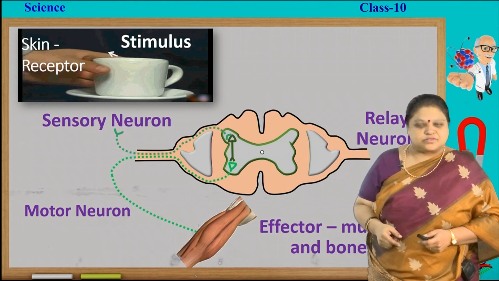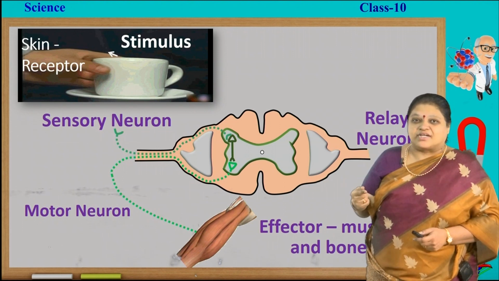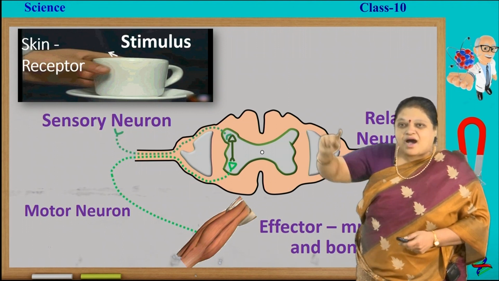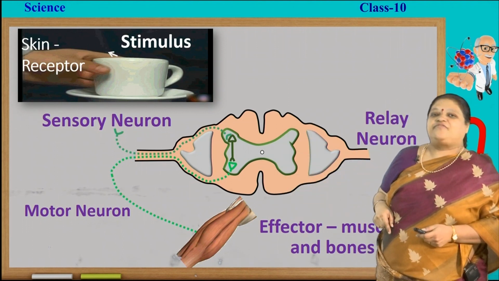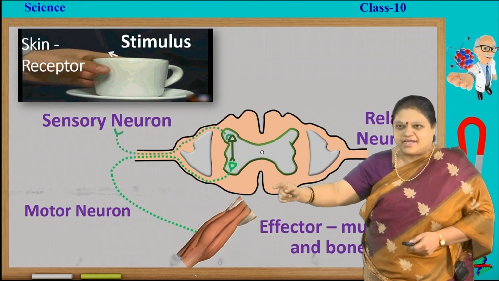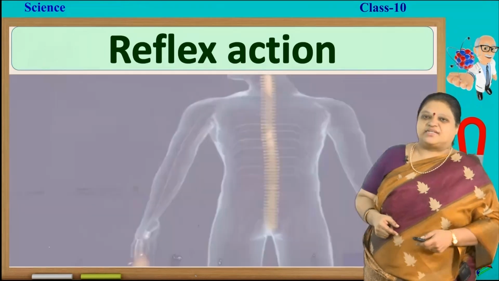All these parts work immediately, and we call it reflex action. Isn't it great? The path taken for this reflex action, from sensory neuron, relay neuron, then motor neuron, you call it the reflex arc.